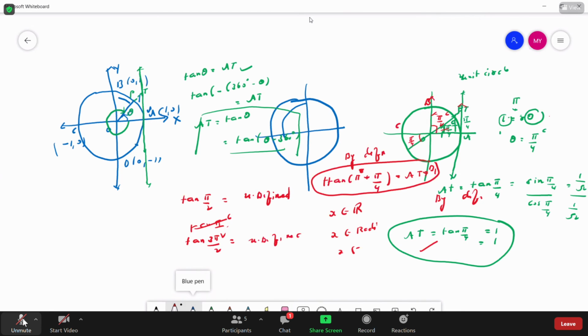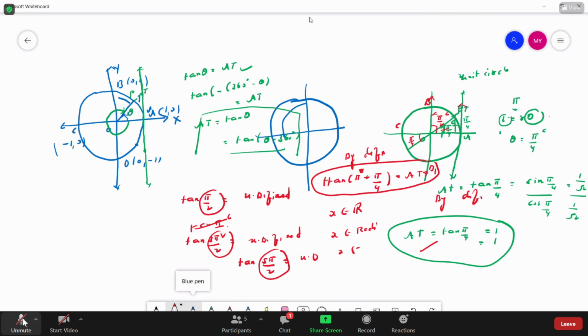Now tan 5 pi by 2. It is undefined, because 5 pi by 2 is 2 pi plus pi by 2. So tan is undefined, right? If you observe pi by 2, 3 pi by 2, 5 pi by 2, I can give a generic name.